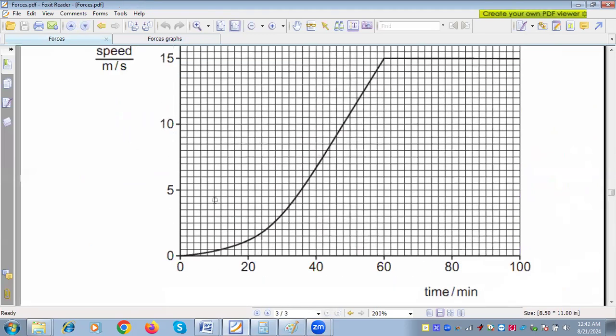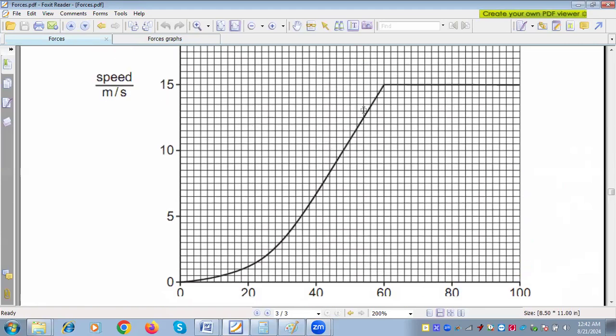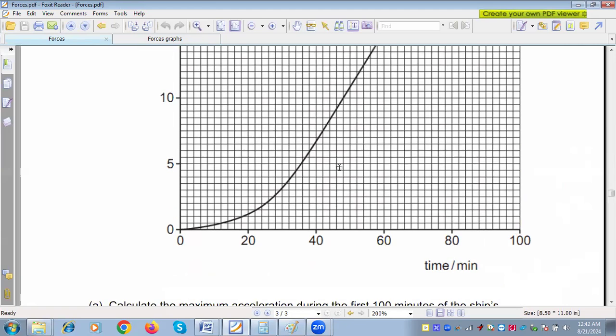When you see the graph, in the first 100 minutes the acceleration is not constant everywhere. So this acceleration is to be calculated. This is the maximum acceleration, and it starts at around t equals 40. At t equals 40, the straight line begins, or earlier than this.